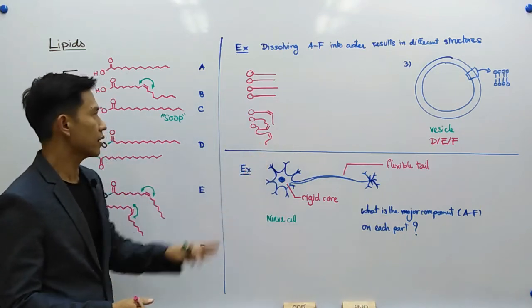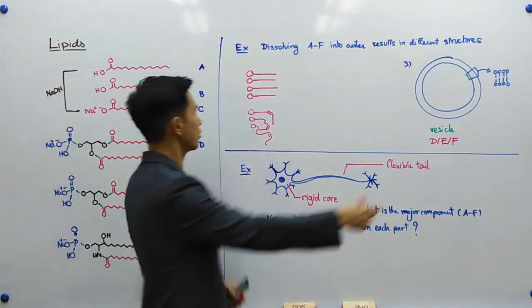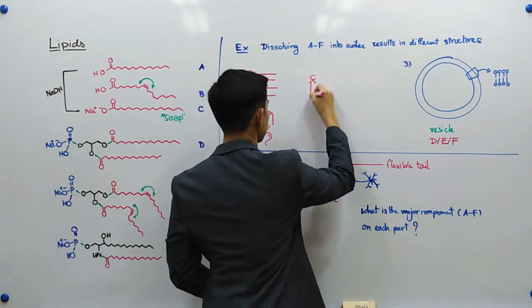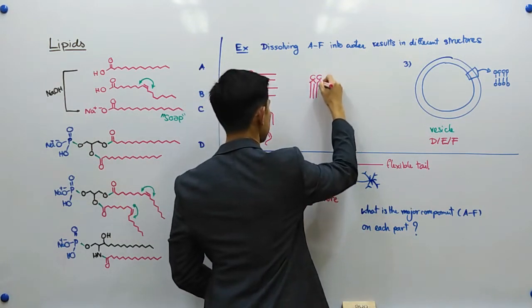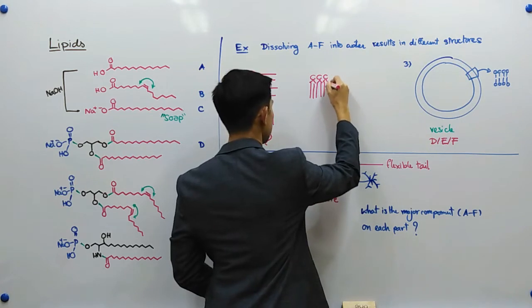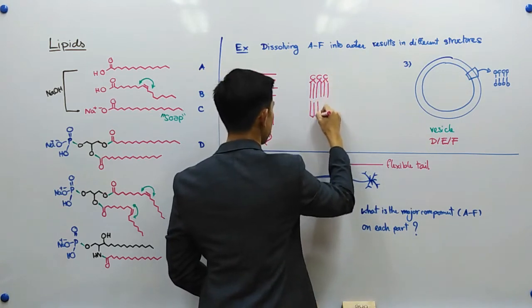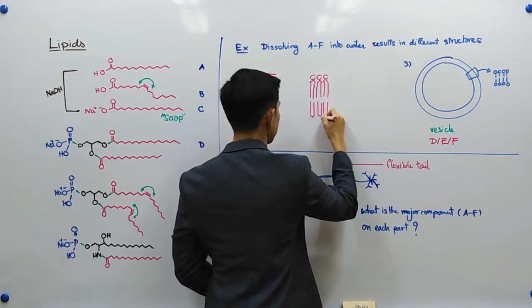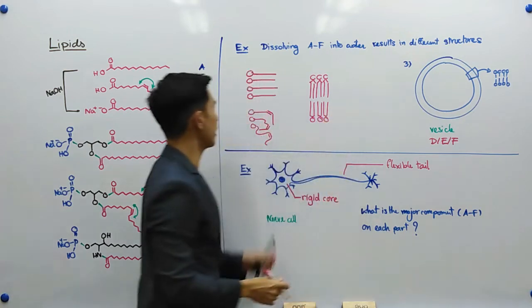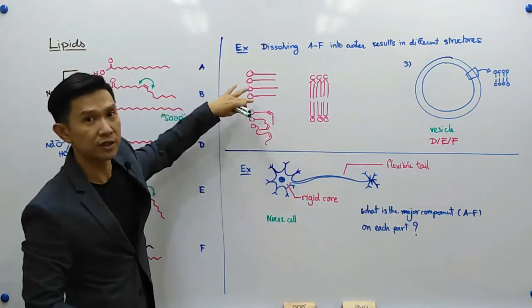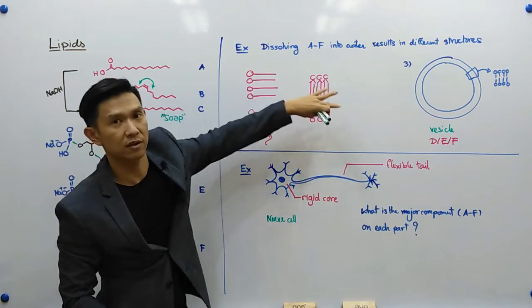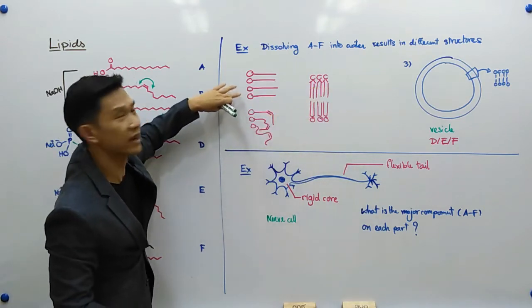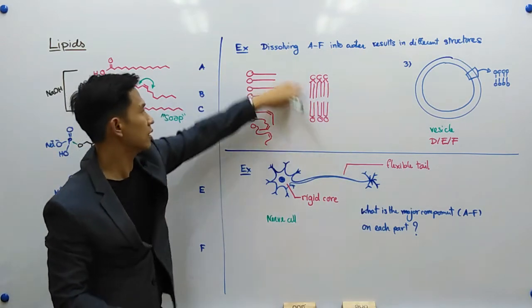So again, the bilayer packed by saturated fatty acid is packed nicely because the hydrocarbon is quite flexible. It's well-organized packing like this.